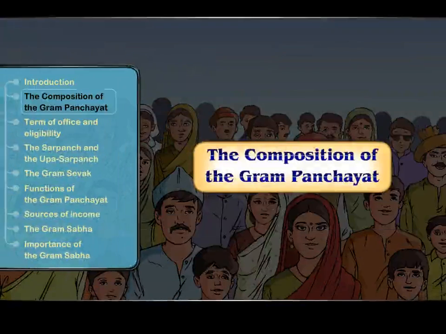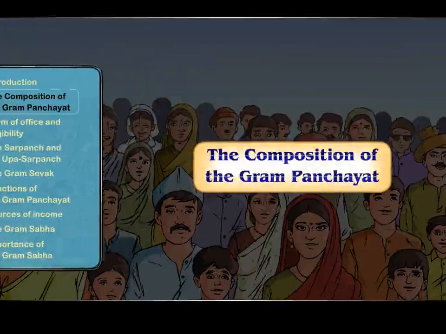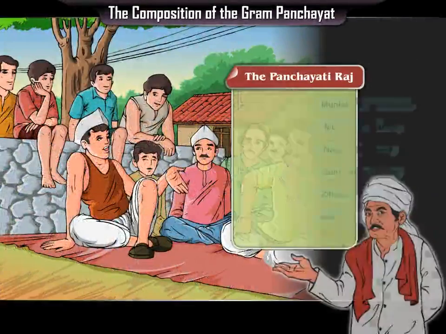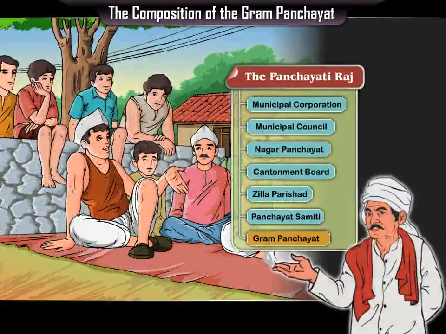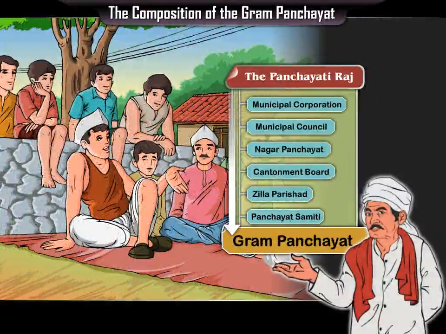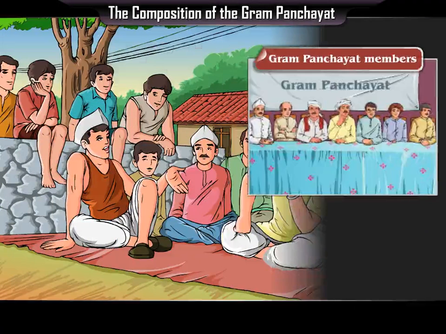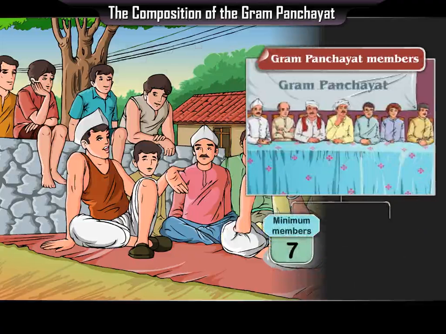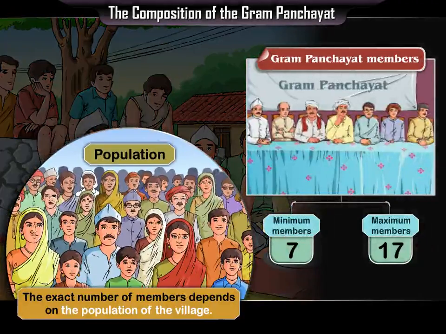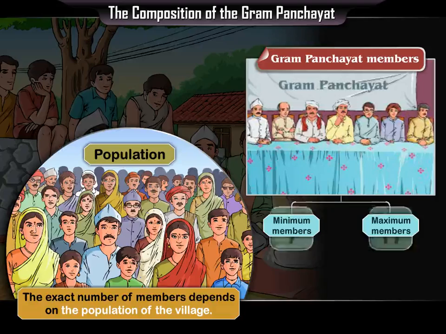The composition of the Gram Panchayat. The Gram Panchayat or the village panchayat is the basic unit of the Panchayati Raj. The Gram Panchayat may have a minimum of 7 and a maximum of 17 members. The exact number of members depends on the population of the village.